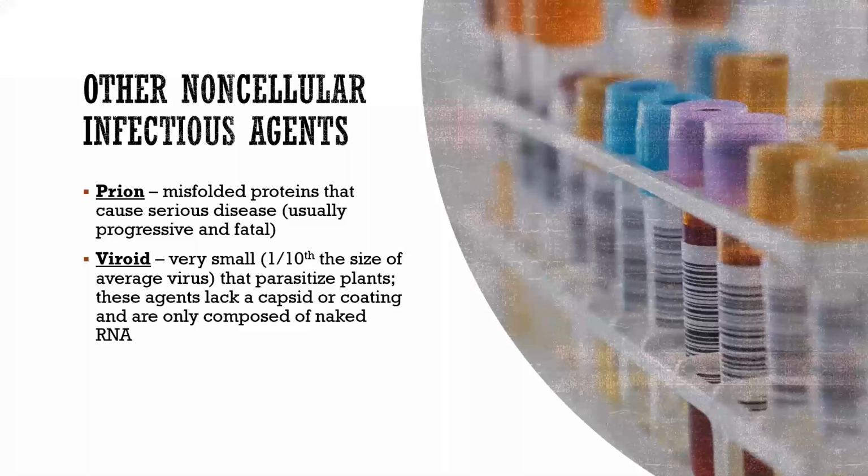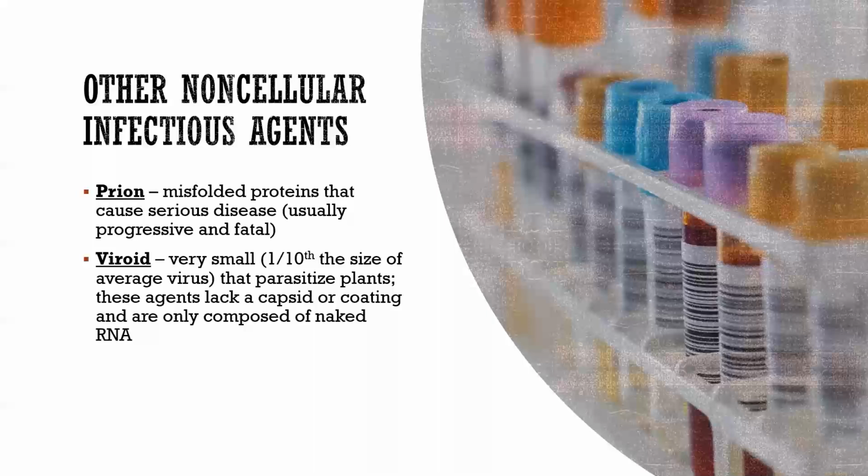And if the structure is not right, then they're not going to function right. And not only are they just non-functional, they can sometimes cause disease. So they can cause serious problems, especially with the nervous system. Usually it's progressive. So as you get one misfolded protein, you can get more and more and more, and ultimately you'll get to a tipping point where it is often fatal.